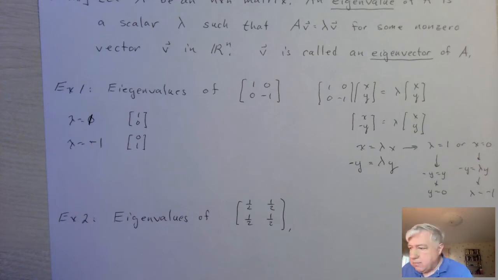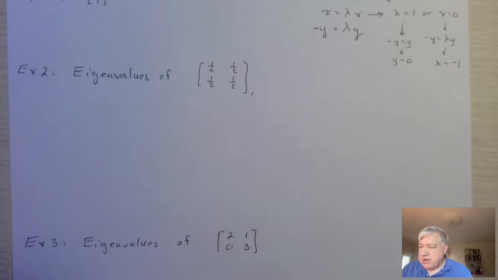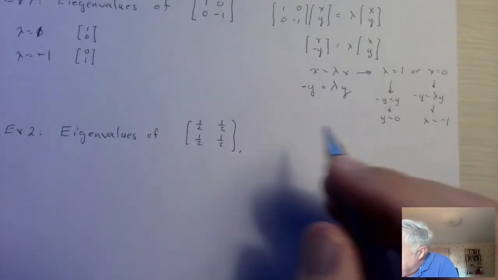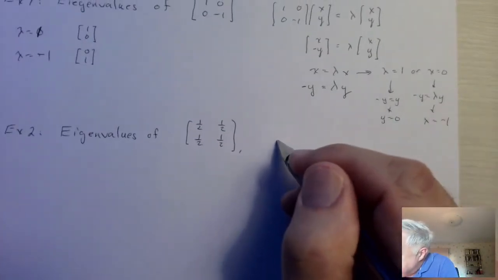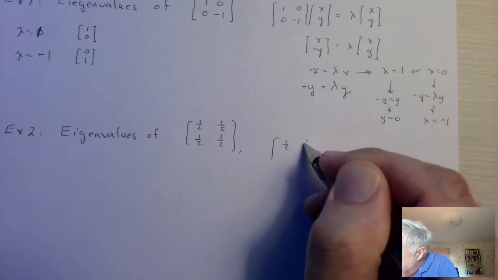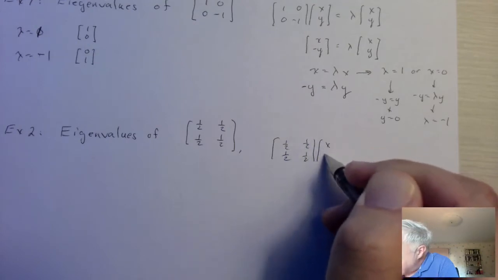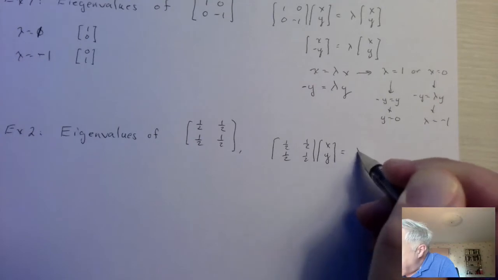Okay, let's look at the next one, going back to example 2, which was the projection onto the line y equals x. If we wanted to set this up the same way, we have the matrix [1/2, 1/2; 1/2, 1/2] times (x, y) equals lambda (x, y).